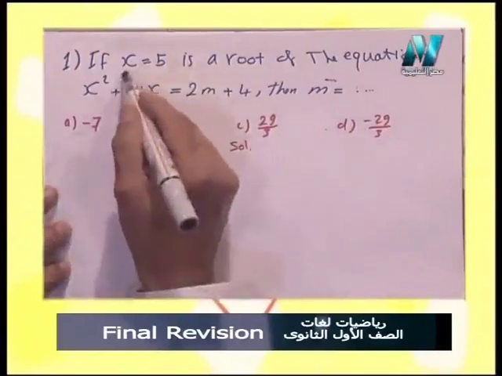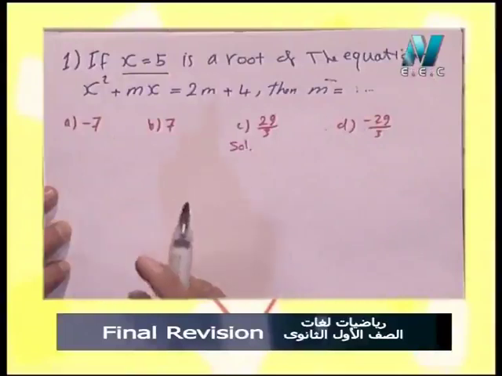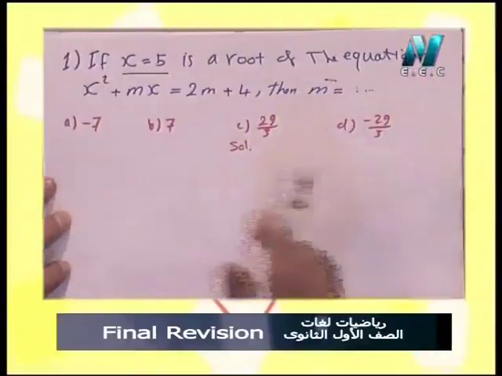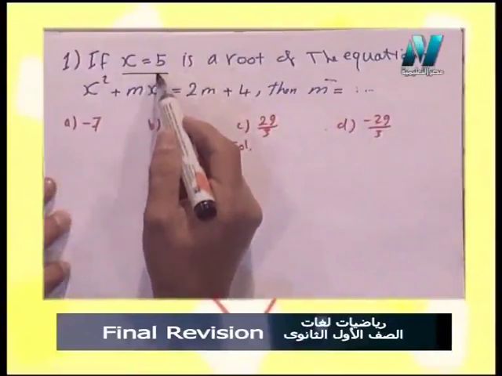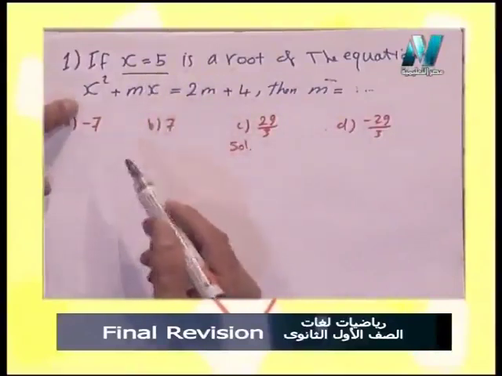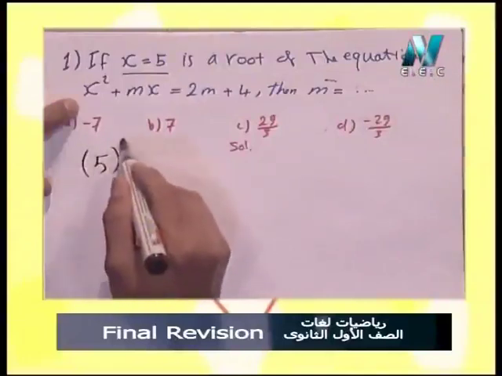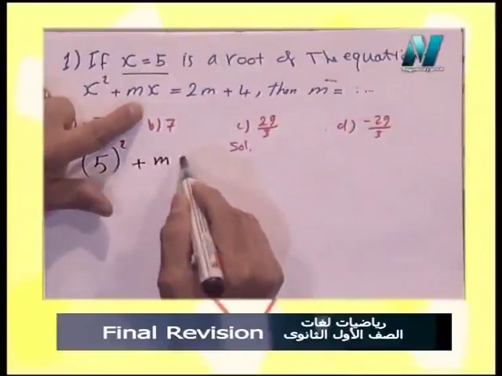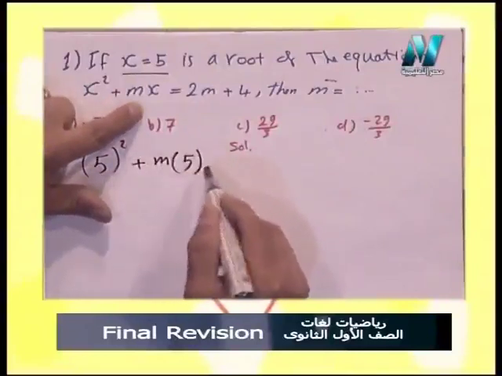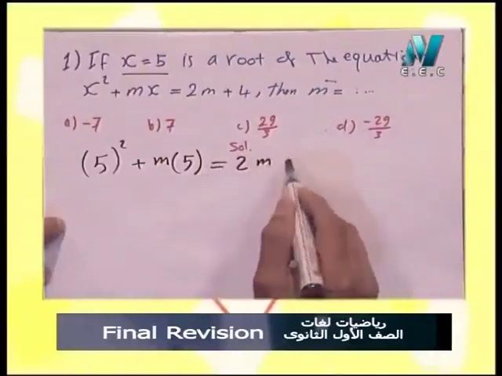First, we have x equals 5 is a root of this equation. We will substitute for x, put x here as 5: 5 power 2 plus m multiplied by 5 equals 2m plus 4.